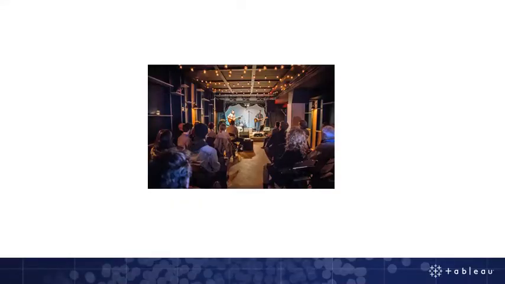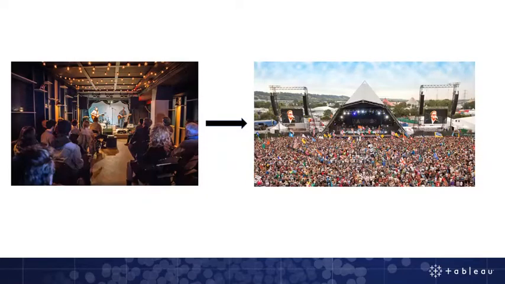It's very different going to, and even organizing, a music concert where the total number of attendees is 50 people, versus when you're going to a concert where it's over 50,000 people.